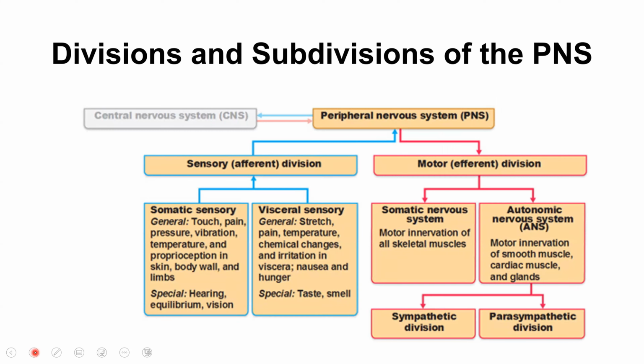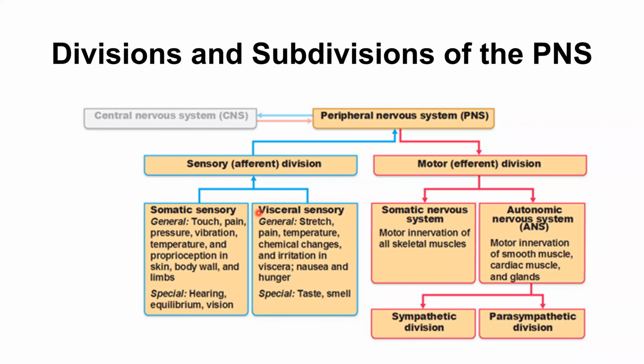So here is a schematic of the breakdown of the peripheral nervous system and its sensory and motor divisions. Notice over here in the sensory division, we have our somatic sensory, which is going to be general touch, pain, pressure, vibration, temperature, proprioception, and all of this is in regards to the skin, the body wall, and the limbs. And the special senses that are associated with somatic sensory are hearing, equilibrium, and vision.